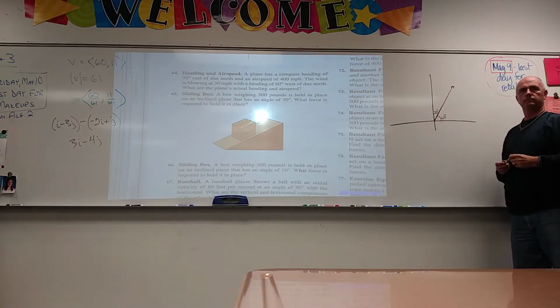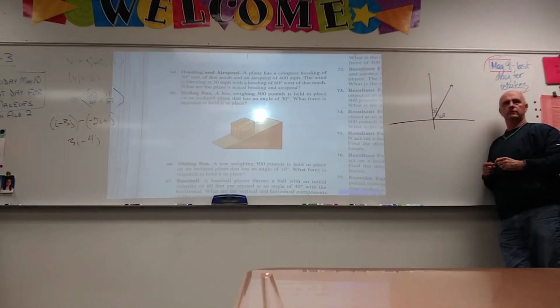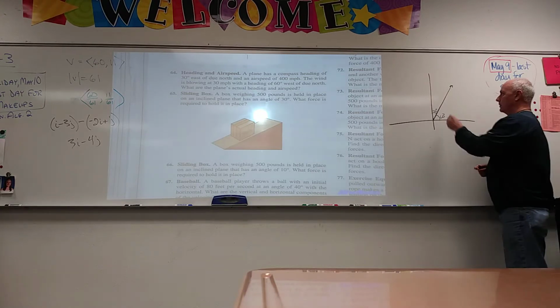Is that okay? Anything else we should know about the vector? Okay, so what does that mean? It has an airspeed of 400 miles per hour. That's the magnitude. Well, it's a speed.